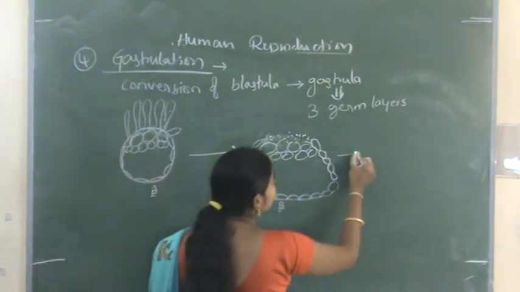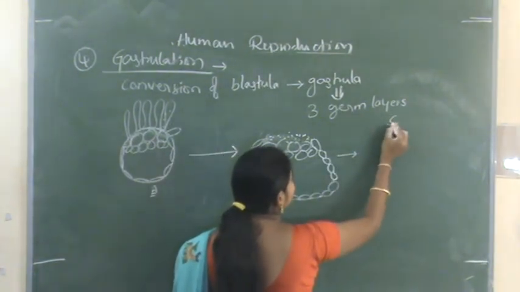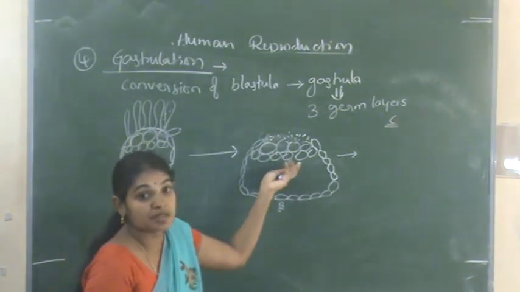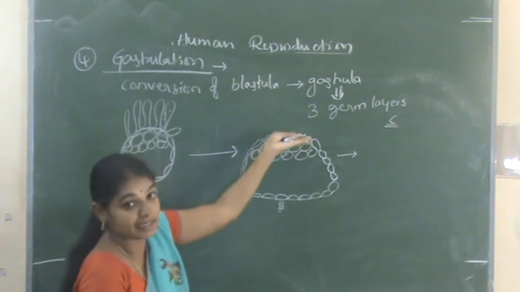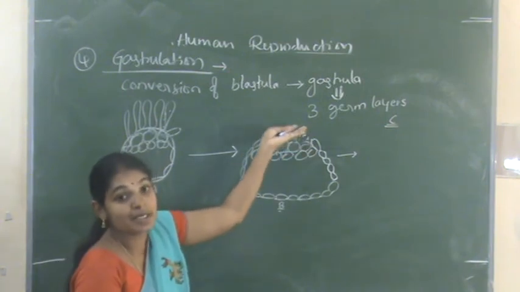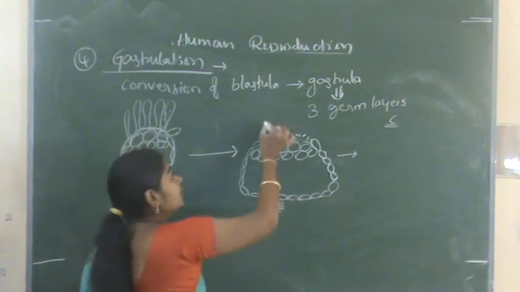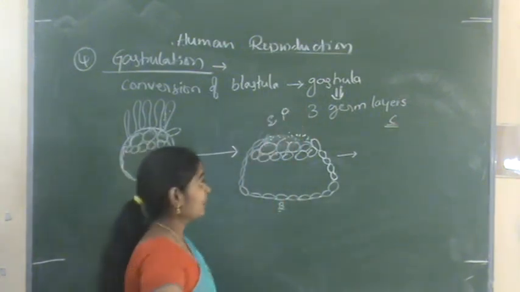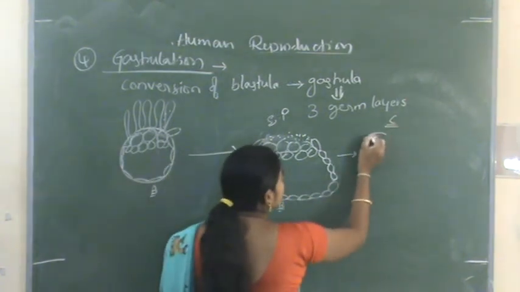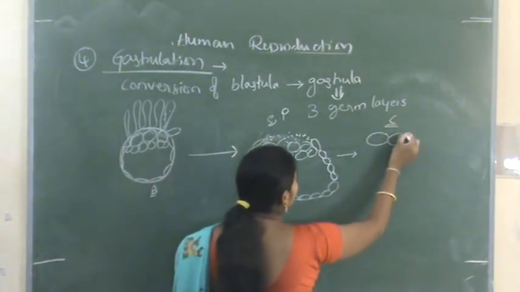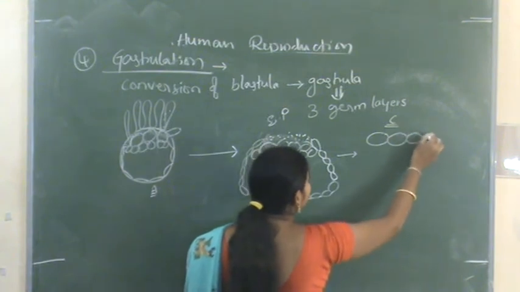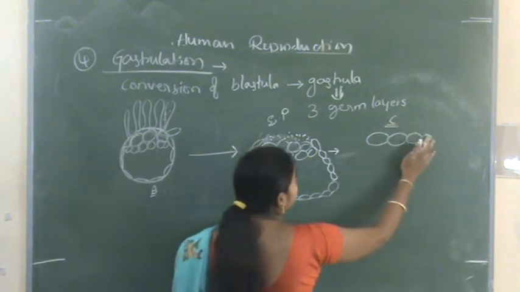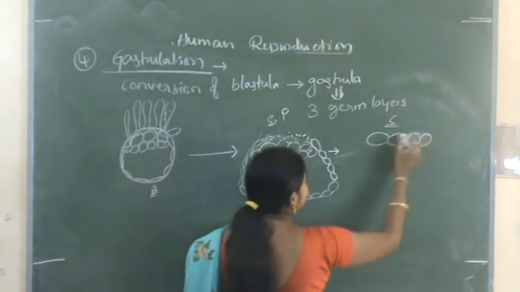And now in the C stage, this embryo proper moves upward, towards the embryonal pole. So this is the embryonal pole where the embryo proper is present. Now these embryo proper cells become visible, and here the trophoblast cells are present.